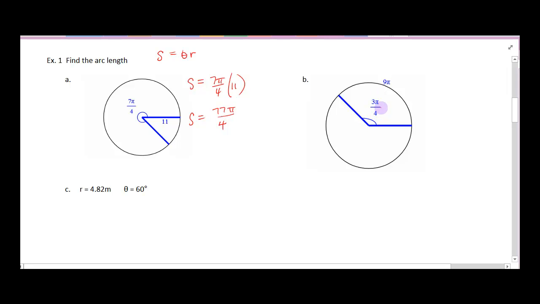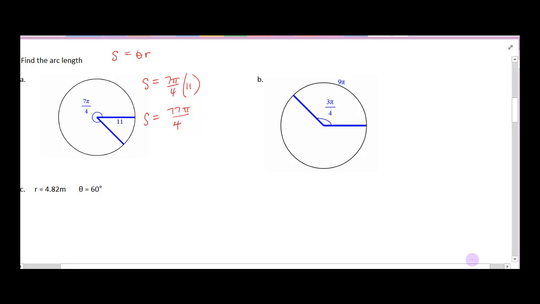Again, I'm solving for either the arc length, theta, or the radius. Notice in this example, I'm given theta as radian measure, but I'm also given the arc length. So I'm going to work the formula kind of backwards.